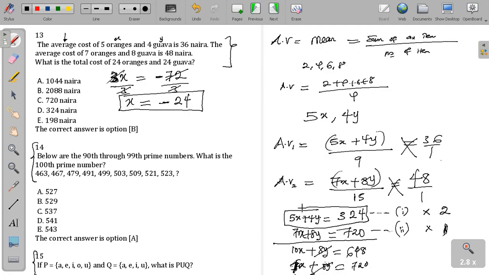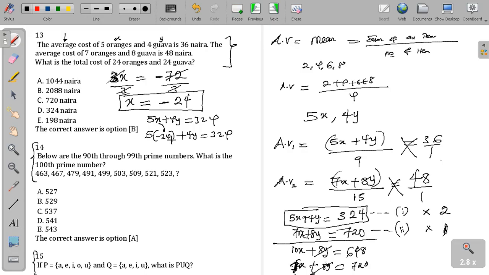All right. If I go with equation 1, 5x plus 4y equals to 324. 324. And then x is minus 24. Okay, x is already minus 24. So I substituted x as minus 24 here. Then plus this 4y equals to 324.